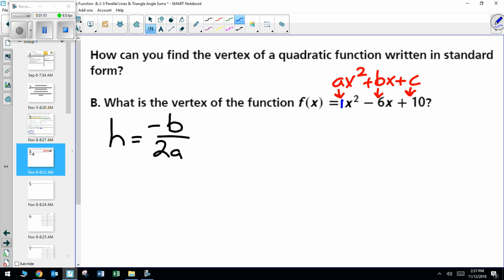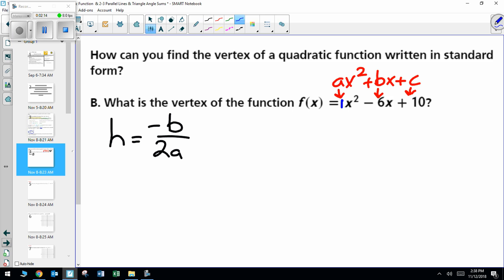Because a, b, and c will not be the x. A, b, and c are just numbers that are going to be given to you in the problem, and if you don't see it, then it might be a 0 or a 1. If I didn't see this 10 at all, I would know that my c is 0. Or, in the same case, if I didn't see that middle term at all, I'd know my b was 0.